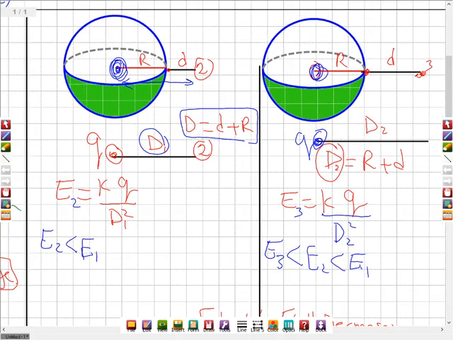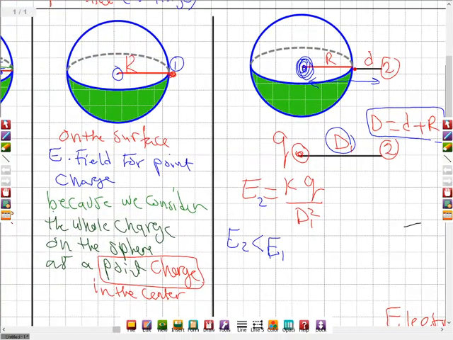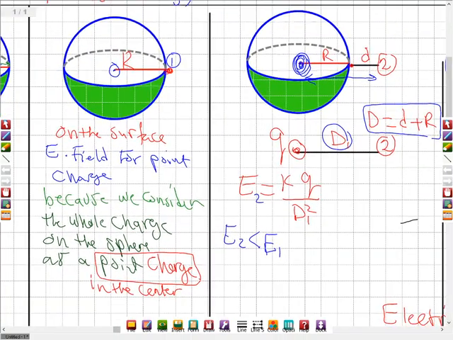When the denominator increases, this value decreases. That causes E2 to be less than E1, where E1 is on the surface. Why is this greater? Because the distance here is less, and the distance here is bigger.